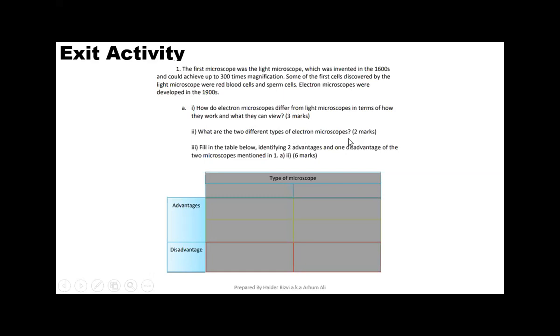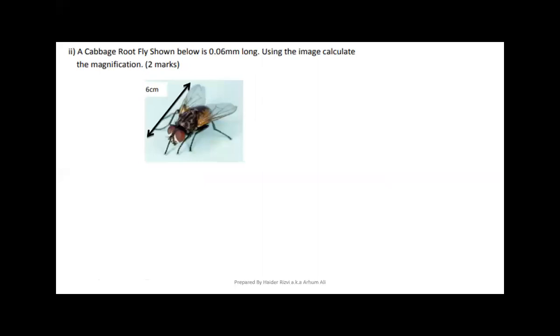What are two different types of electron microscopes? You know it very well. Fill in the table identifying two advantages and one disadvantage of the two microscopes mentioned in parts 1 and 2. Then you need to discuss two disadvantages and two advantages of using the electron microscopes and the light microscopes.